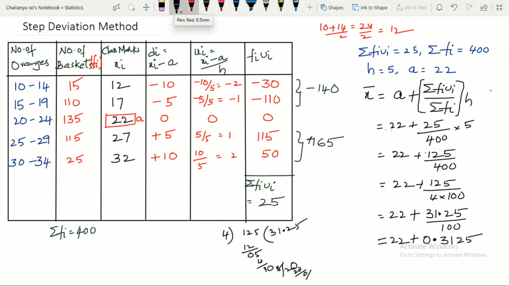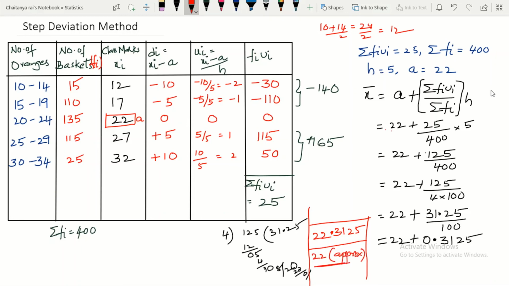Our final answer will be 22.3125. This is the number of oranges. We cannot divide oranges in this manner, so directly take it as approximately 22.